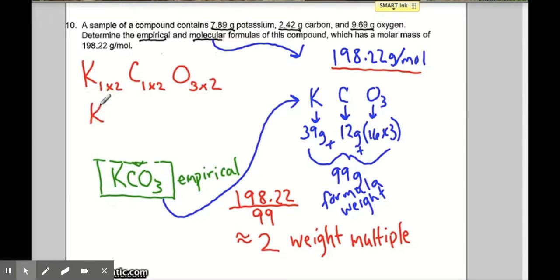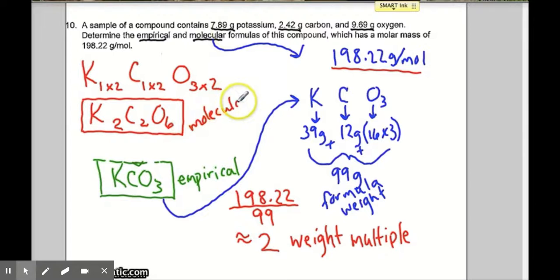So in this case, we have K2, C2, O6. And that is the molecular formula. That's the amount of molecules that will actually be present in this sample.